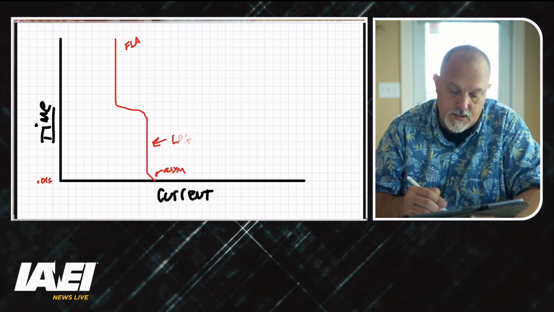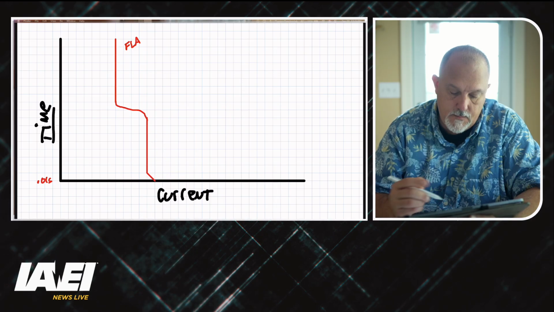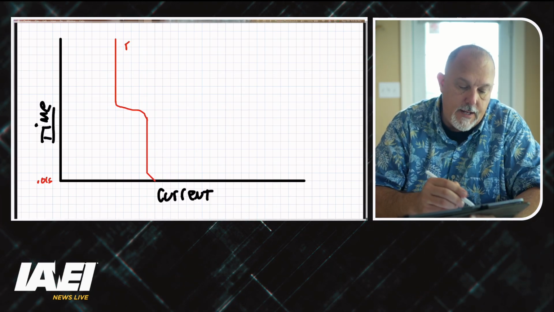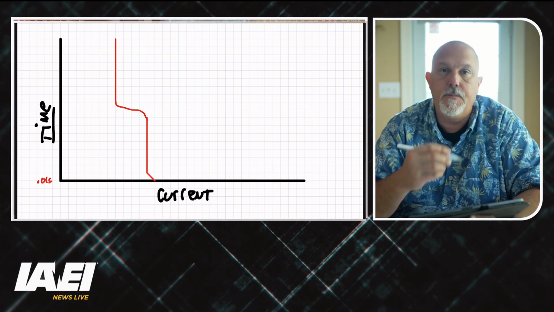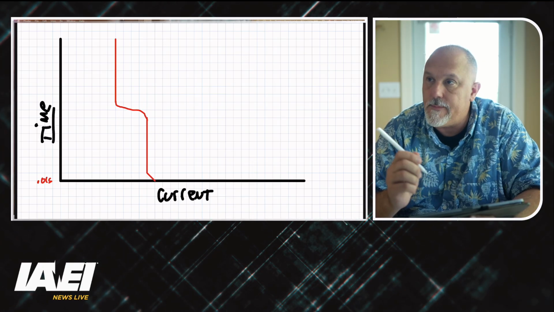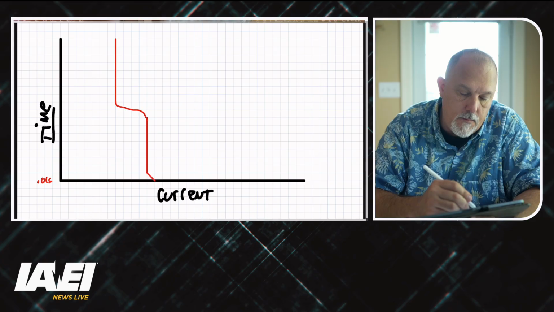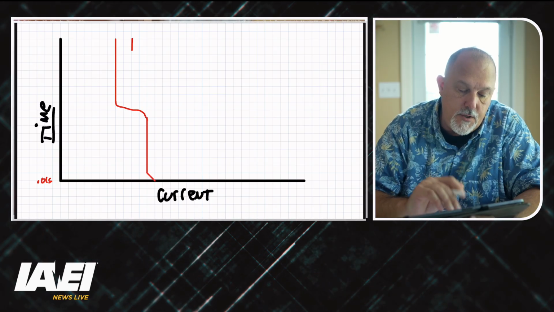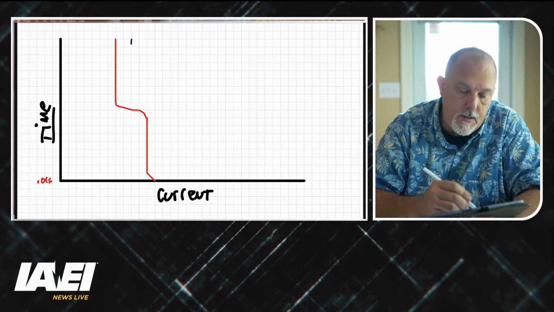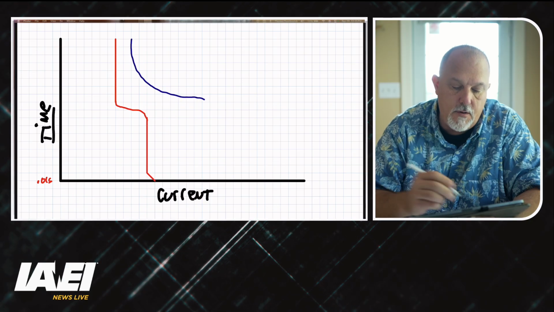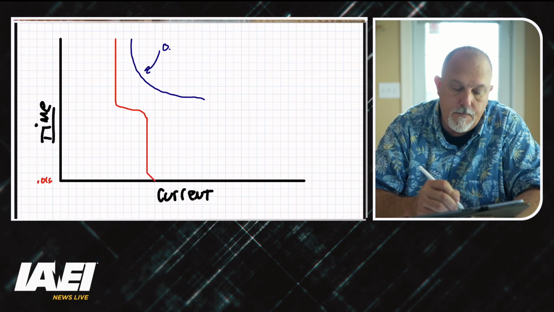Since we know what these things are, then she will pick the overcurrent protection, your overload protection. Let's do that in blue. She'll pick your overload protection, right?